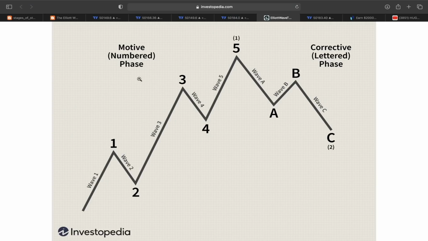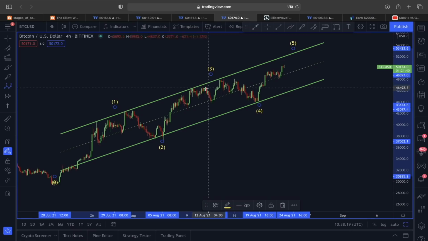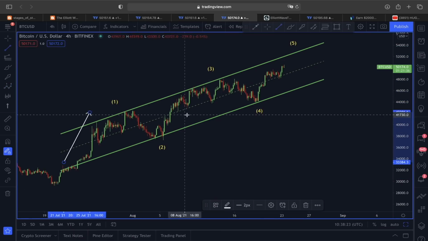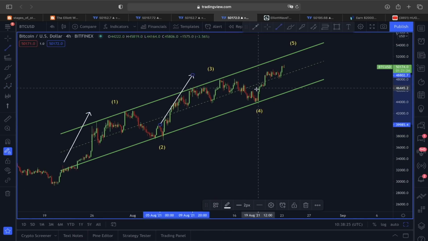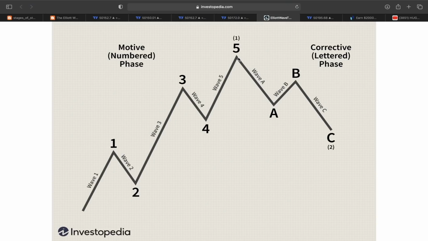Because if you look at this example from this Elliott wave, wave 1, wave 3 and wave 5 are motive waves. And in our case, you can see this here is the wave 1, wave 3, right? And we could be forming this final wave 5, before again showing this corrective phase playing out for Bitcoin.